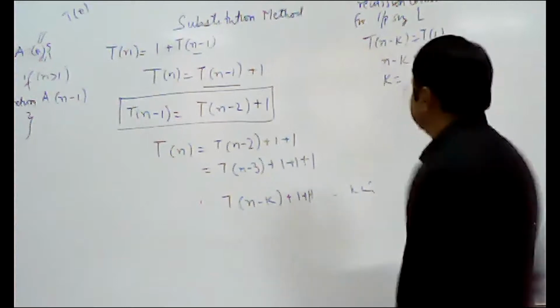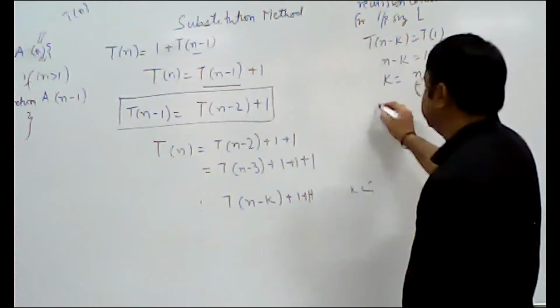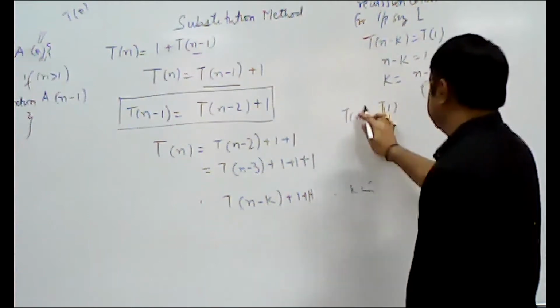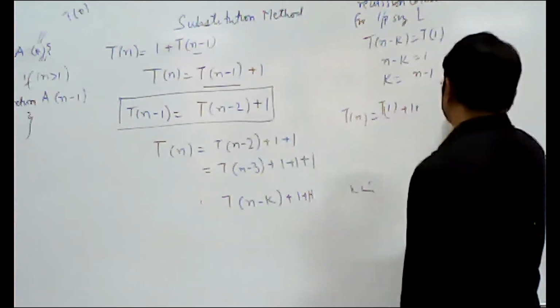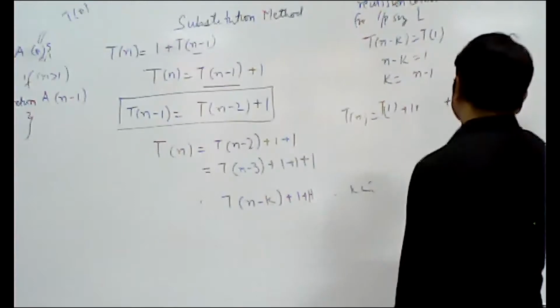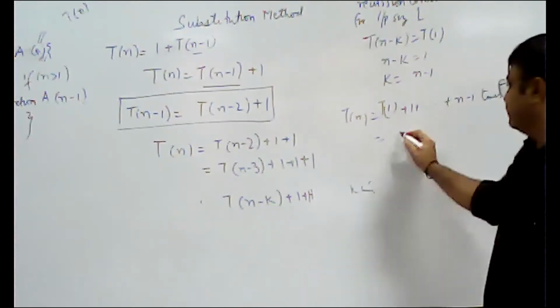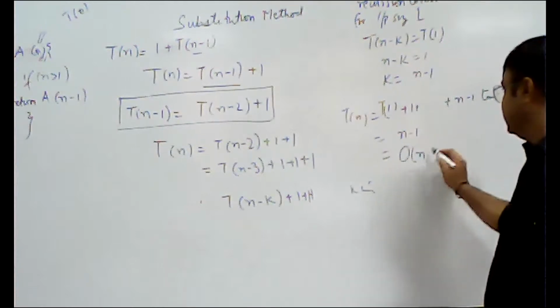If you put k equal to n minus 1, what will we get? T(1) plus 1 added n minus 1 times. Adding 1 n minus 1 times, we get n minus 1, so that is equal to order of n.